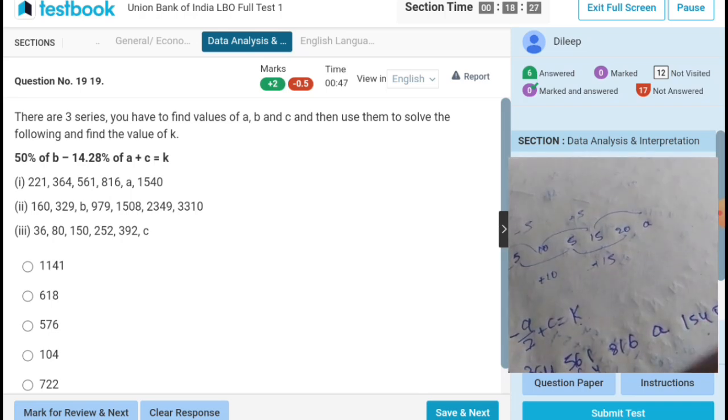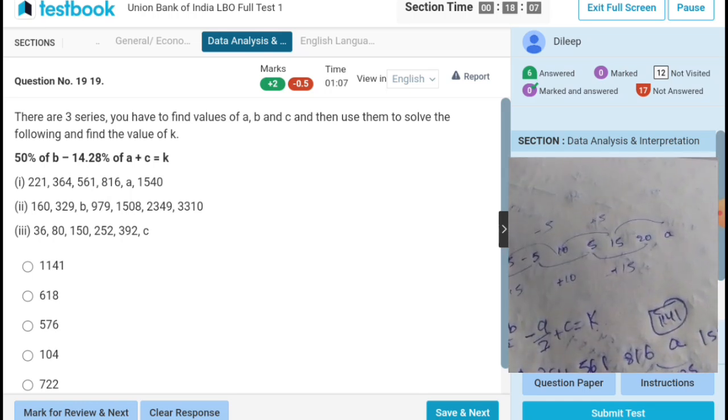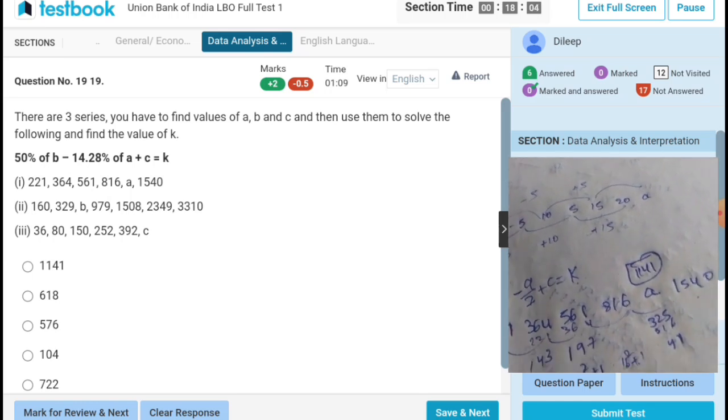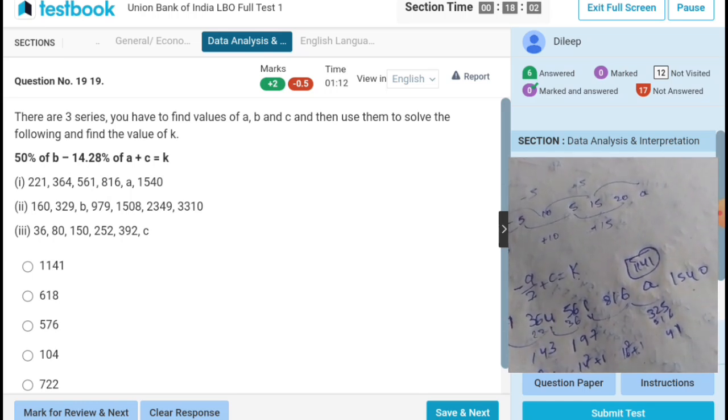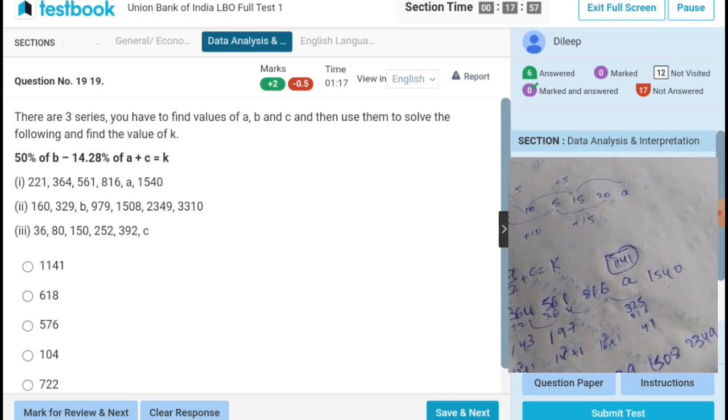So 12 square plus 1, 14 square plus 1, and 16 square plus 1, 18 square plus 1, 325, 1141, 160, 329, b 979, 3310.